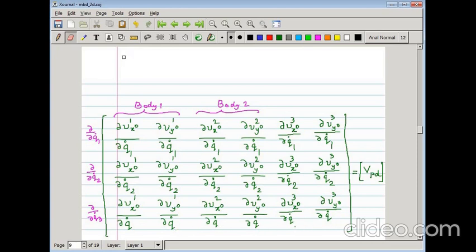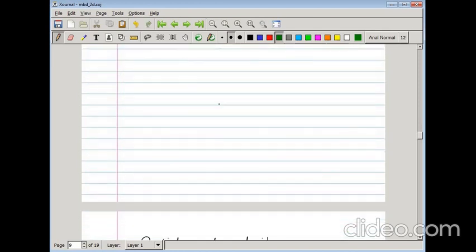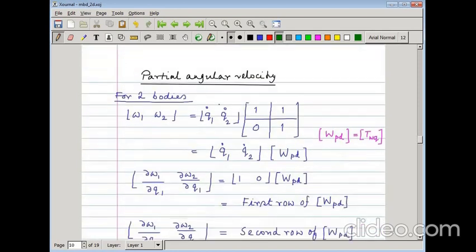Maybe a mistake due to copy pasting. So this is q3 dot. So as you know, this is first row of VPD, this is second row of VPD, and this is third row of VPD.